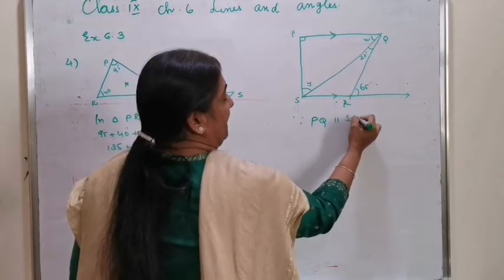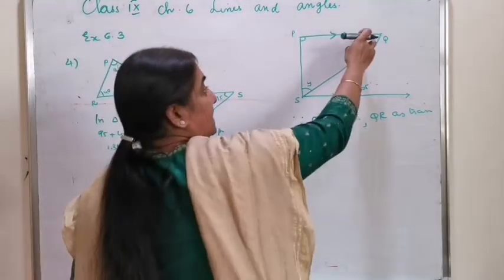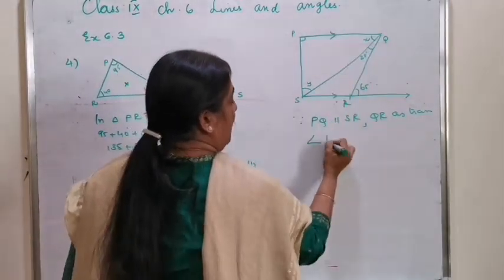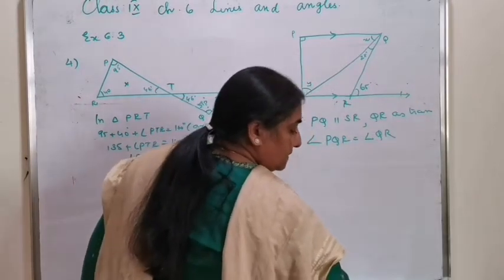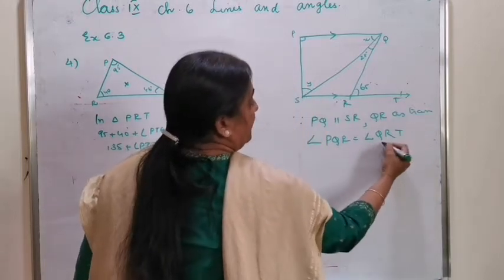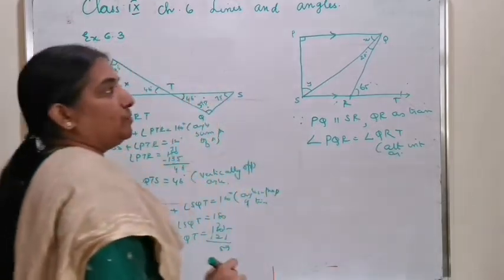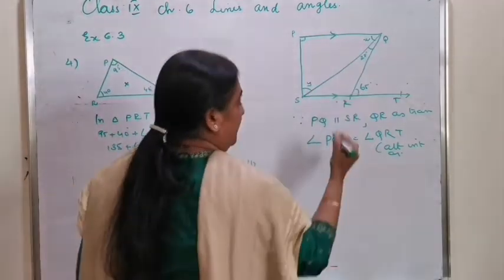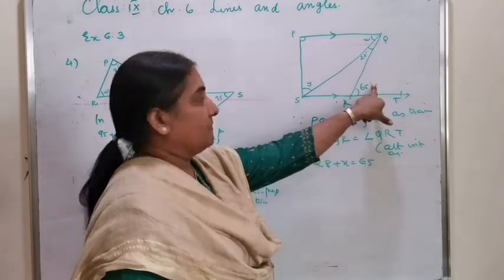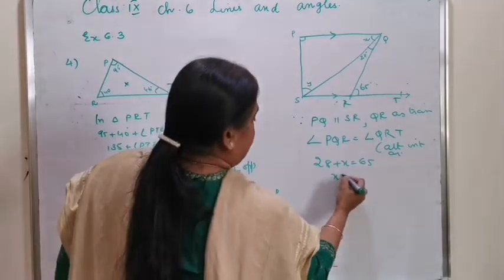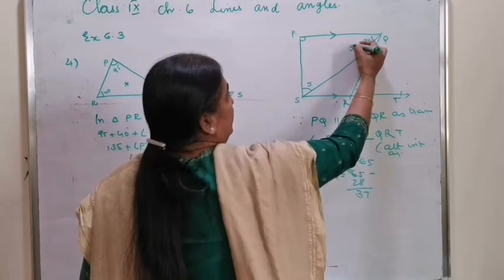Since PQ is parallel to SR and QR is a transversal, angle PQR, that is X plus 28, is equal to angle QRT as alternate interior angles, which shows that 28 plus X is equal to 65 degrees, or X is equal to 65 minus 28. It is 37 degrees.